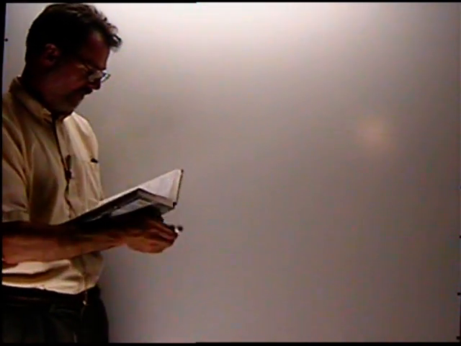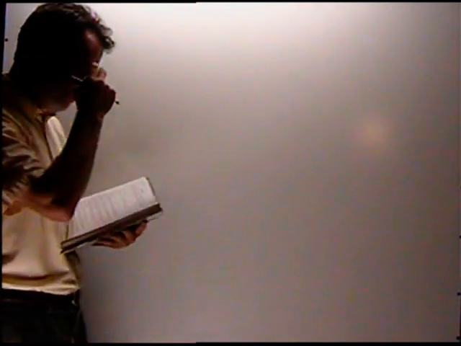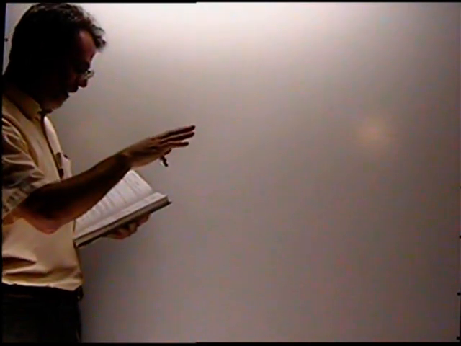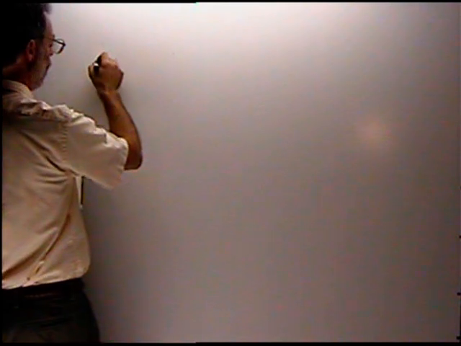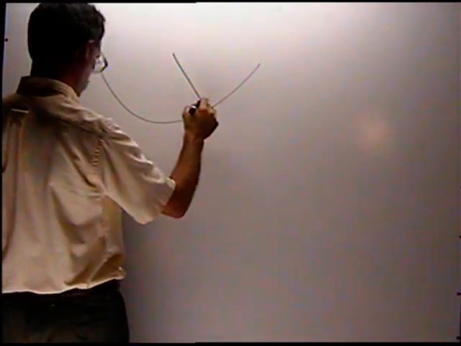Okay, number 1. An airplane pilot nosedives and then pulls his plane upward, forming a semicircle in the air. Here's his center, and he's kind of doing this kind of thing with a certain radius here.